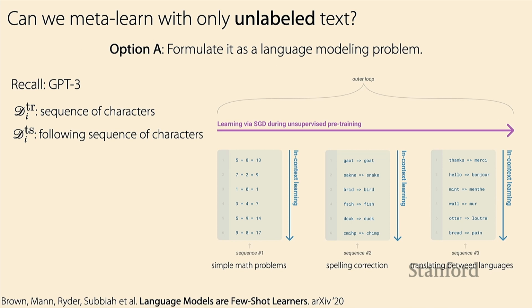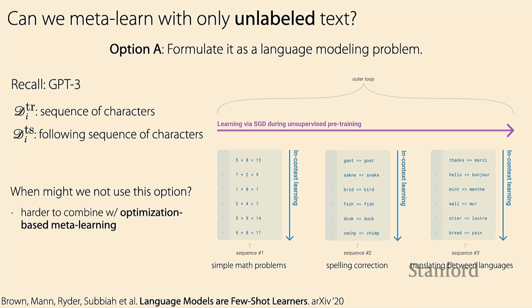And we've seen this kind of example where the inner loop of the meta-learning process goes through each of these examples. You might have these examples as your support set and these examples as your query set. And you have different tasks like translating between languages, math problems, or spelling correction. So this is a way to construct meta-training tasks with purely unlabeled text.